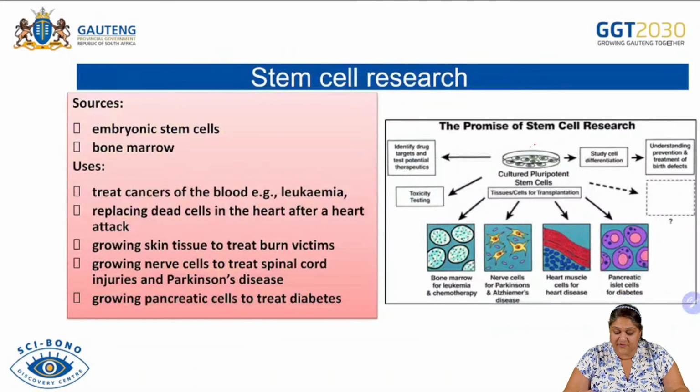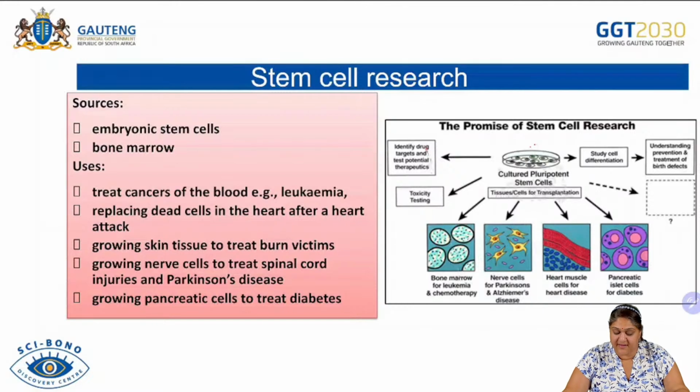As you can see over here, from these they can identify drug targets and test potential therapeutics. The bone marrow they use for leukemia and chemotherapy. We have tissue cells that they can harvest and use for transplantation.